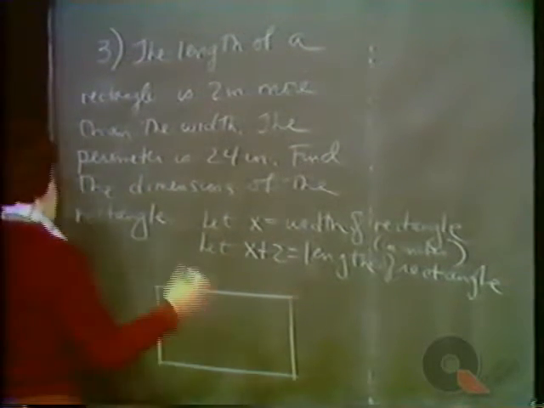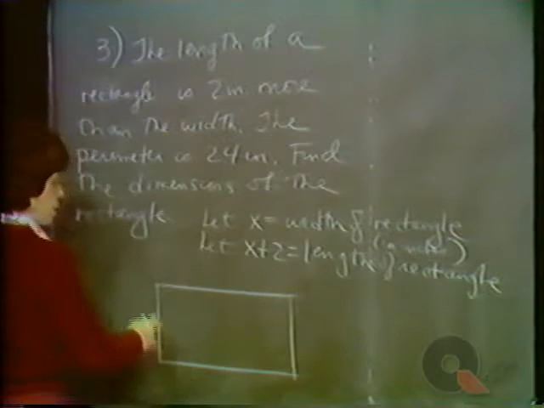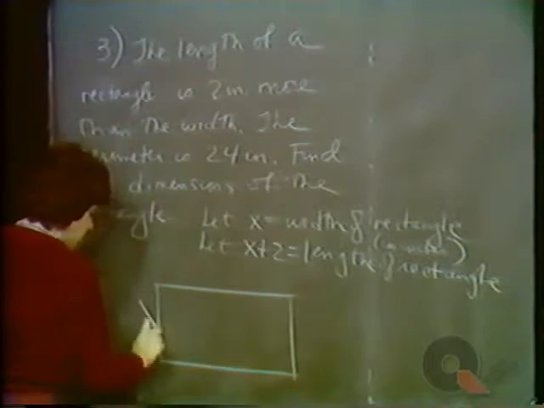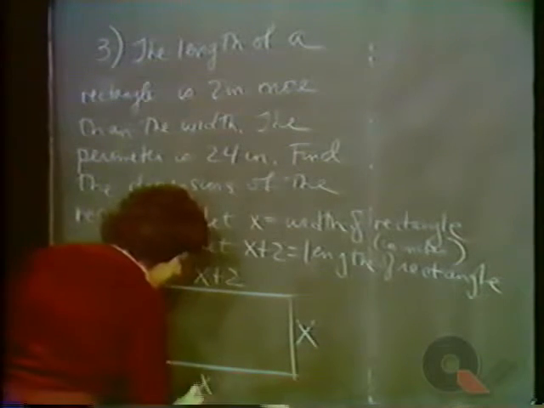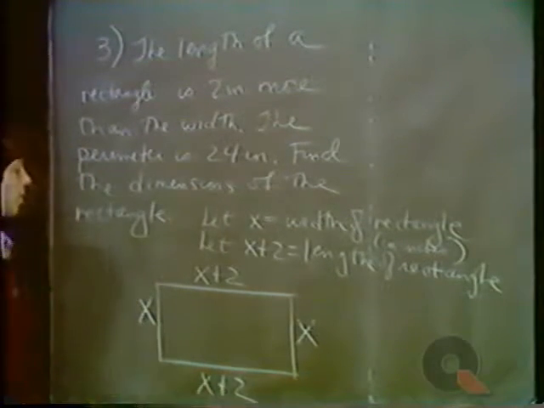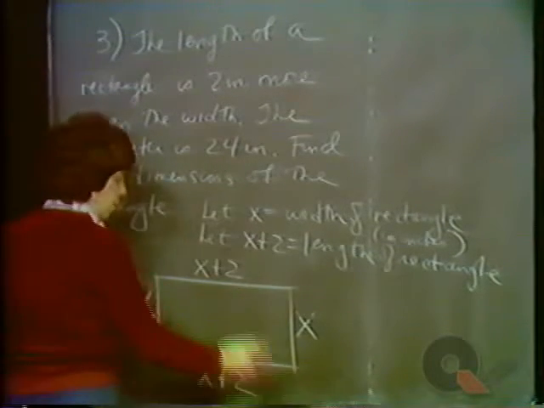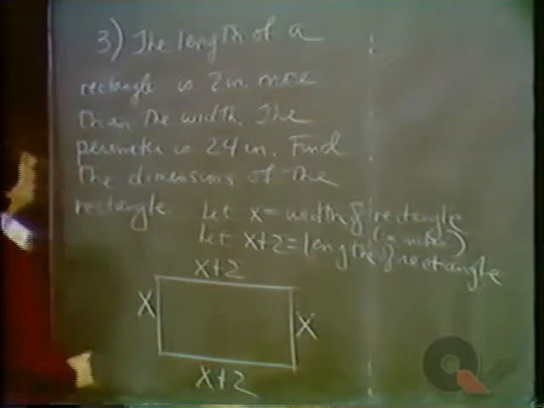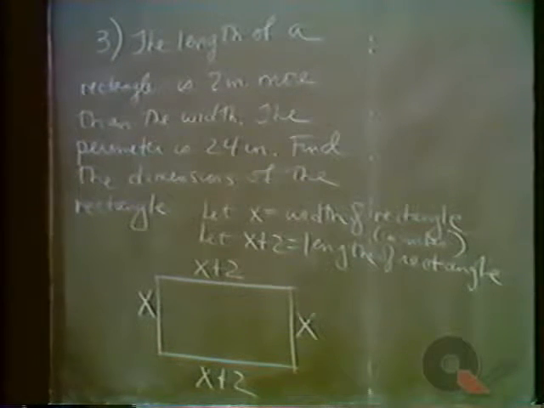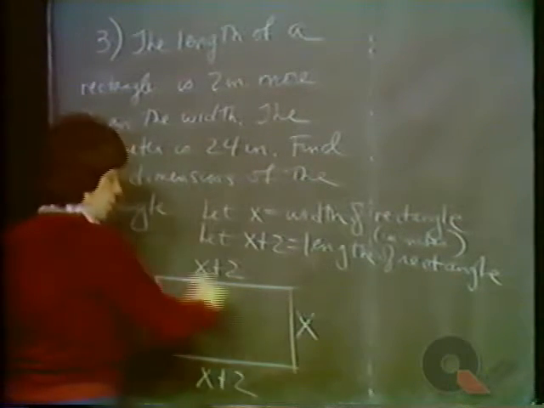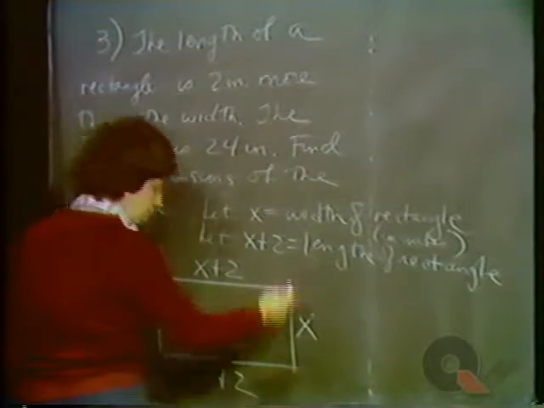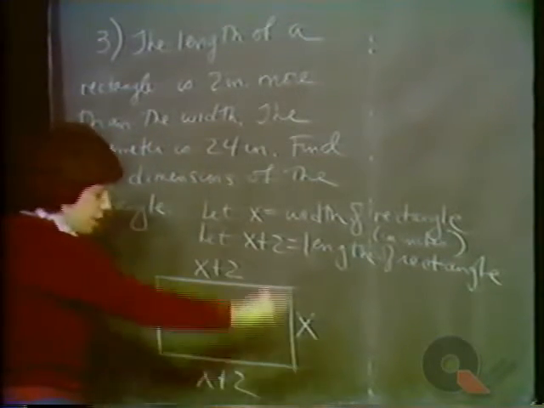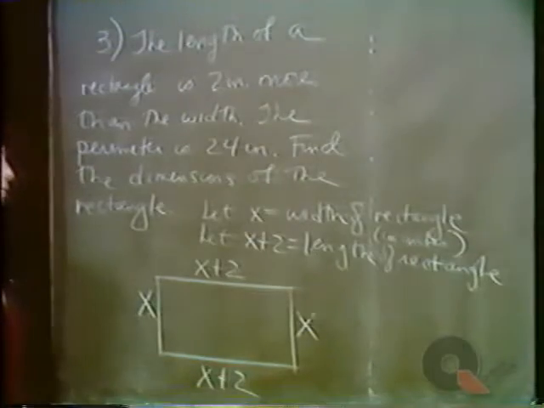Okay, in a rectangle, of course, the opposite sides have the same length. We have the width here and here, and the length here and here. The width, the length. We are told the perimeter is the distance around the rectangle. Okay? The perimeter is 24 inches. Well, the perimeter would be the length plus the width plus the length plus the width, the entire distance around, or 2 times the length plus 2 times the width.